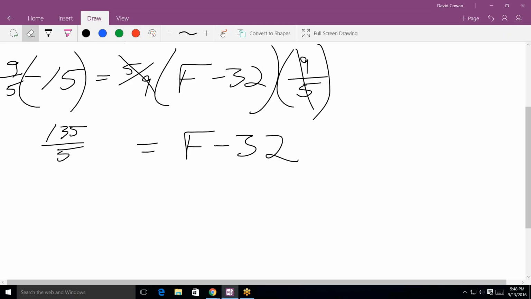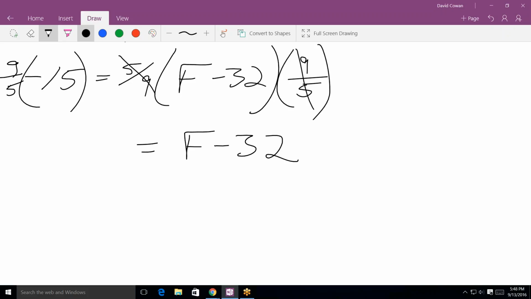But if I reduce first by dividing top and bottom by 5, that goes to 1, and that goes to minus 3. Now, all I'm doing is multiplying 9 times minus 3, there's my answer to the left side. And I never had to deal with a number greater than 27. I certainly didn't have to deal with any 3-digit numbers. So you always reduce, always.